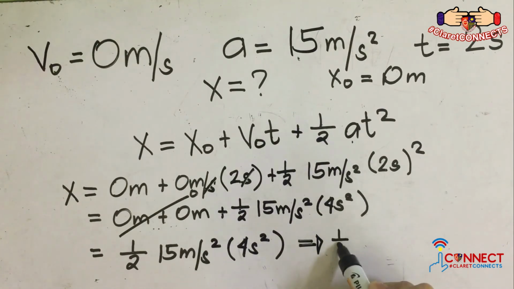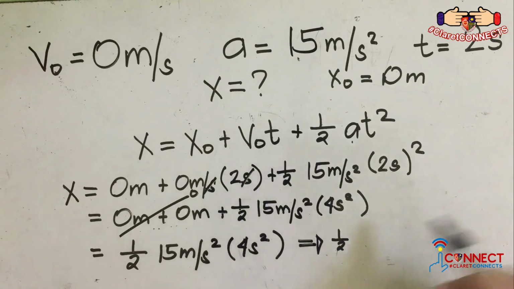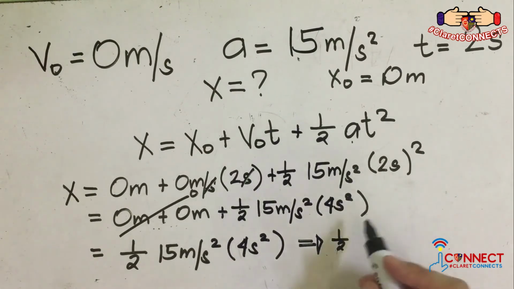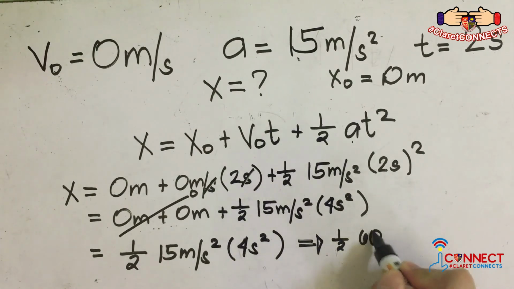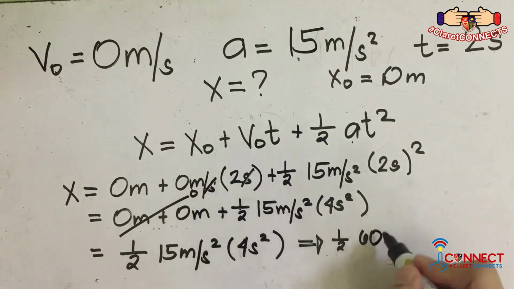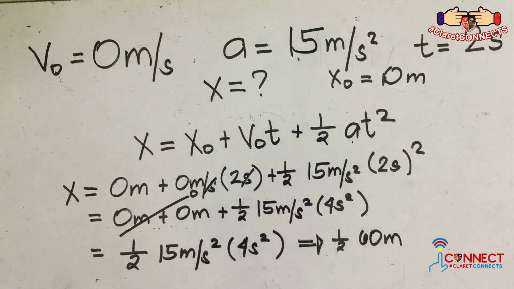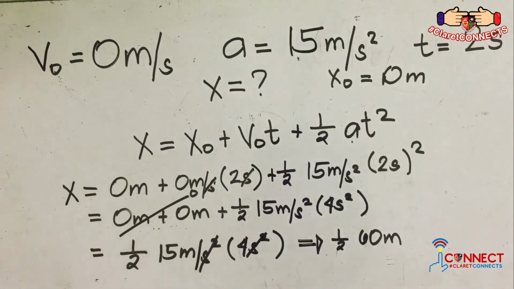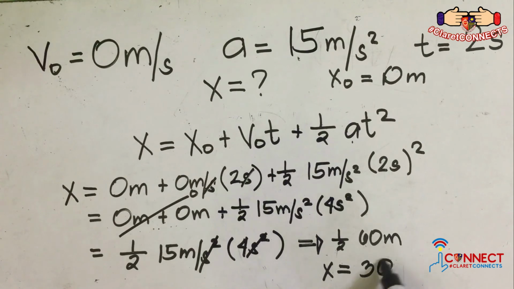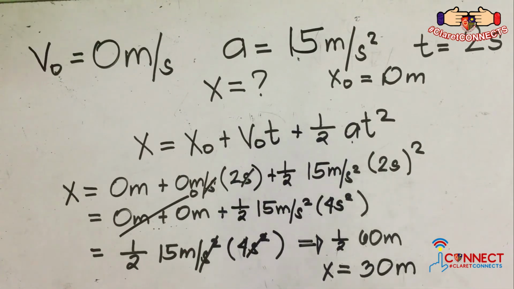One half, 15 times 4, that will give us 60 meters. Why meters? Because the seconds squared will also cancel out. Second squared divided by second squared will give us 1. So 1/2 of 60 will give us x is equal to 30 meters.